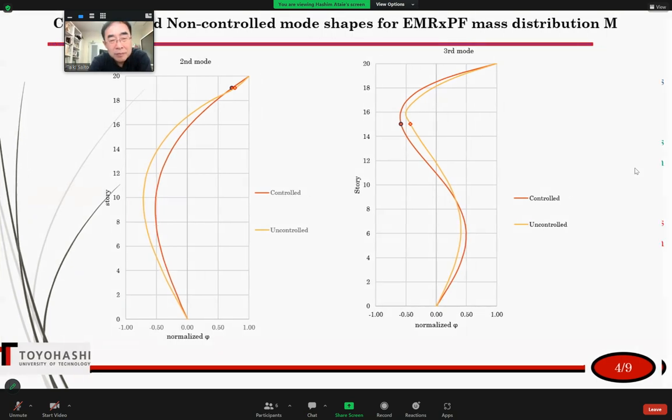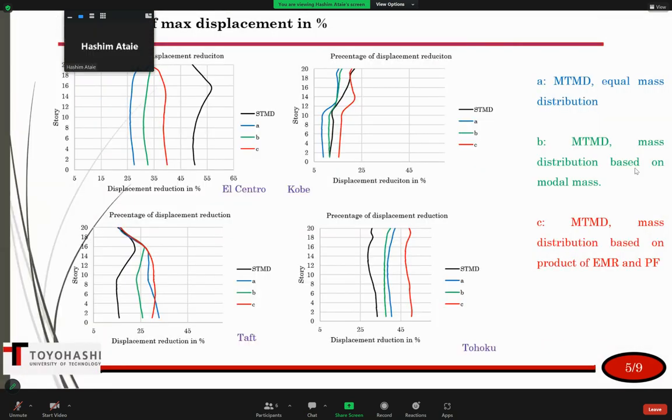Oh, okay. And after modification, this was the result in theory throughout this graph. Horizontal displacement reduction in percentage, the vertical axis is in stories. This is the reduction percentage by single TMD, the black line.